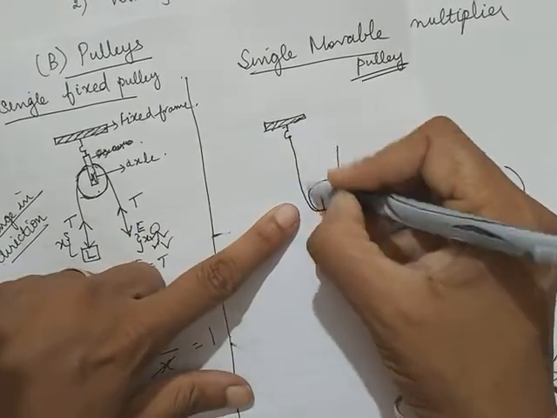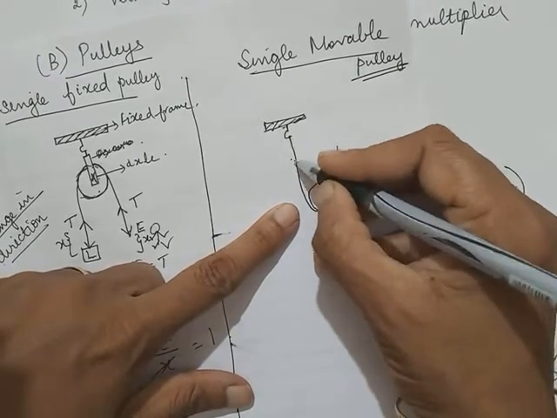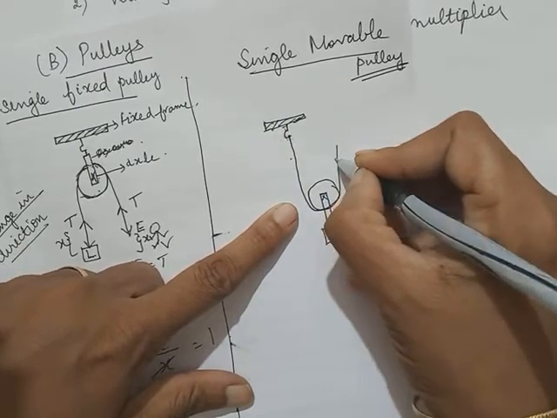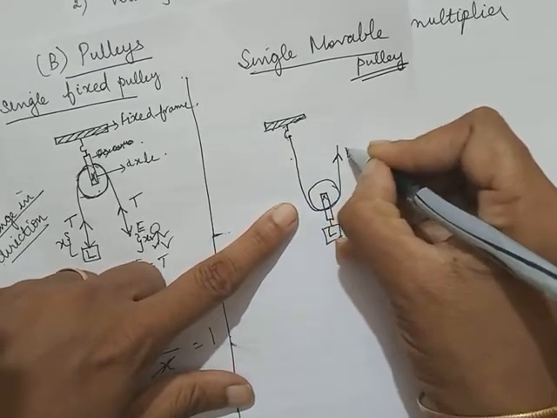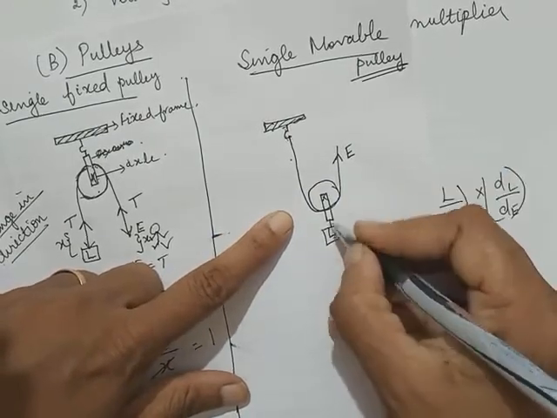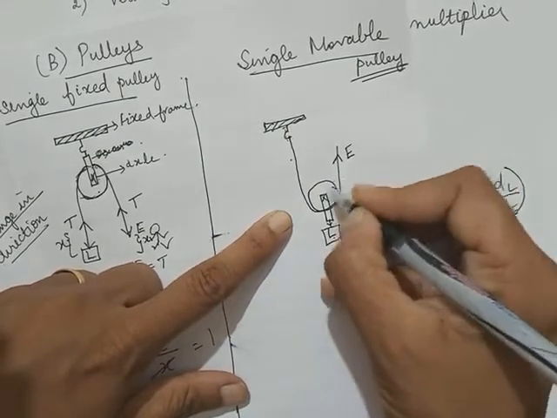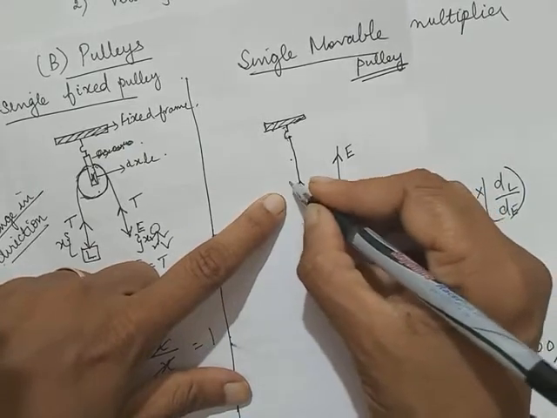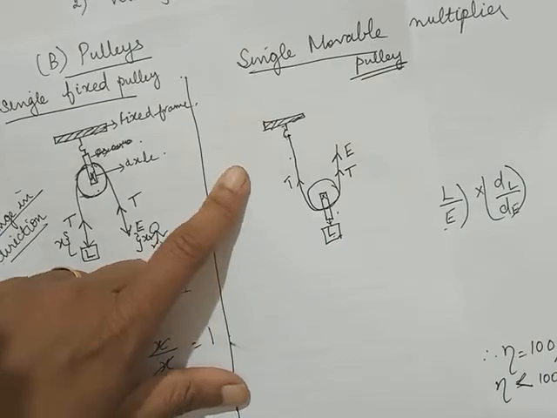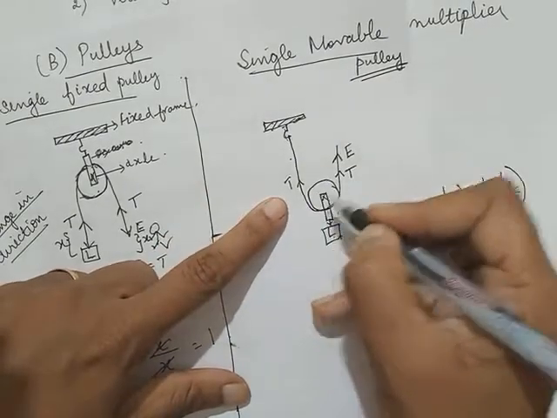One end of the rope will be fixed to this fixed frame through the hook, the other end is free to move. So you will be applying effort here and the load is here. Load will be acting in the downward direction. Now this rope will have tension T and this rope will also have a tension T. Is it clear, children? You understand what a movable pulley is?